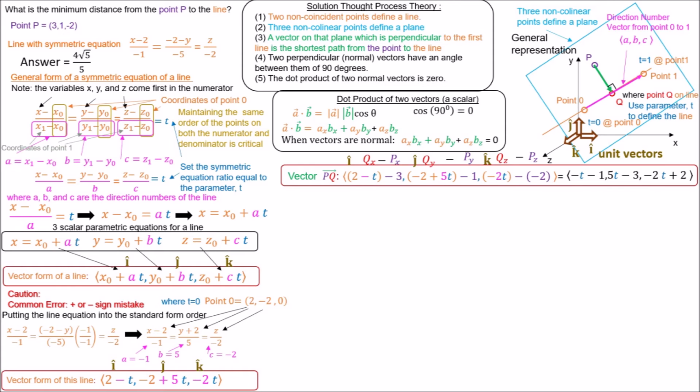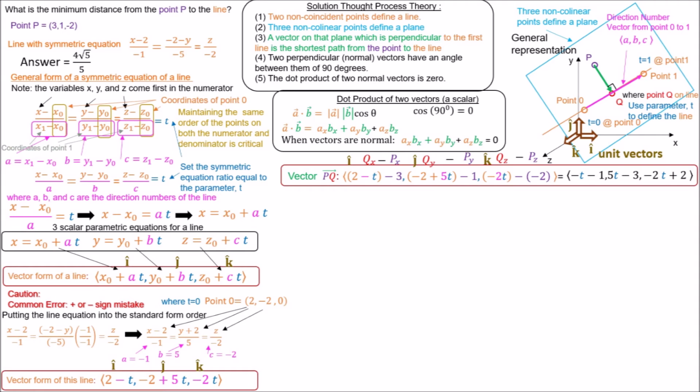A vector PQ can now be defined, where P was an initial given point, and Q is any generic point on the orange line. And we know, for example, the i hat term of this vector PQ: the i hat term of Q is 2 minus t, and we subtract from that the i hat term, the x coordinate of P, which was given as 3.